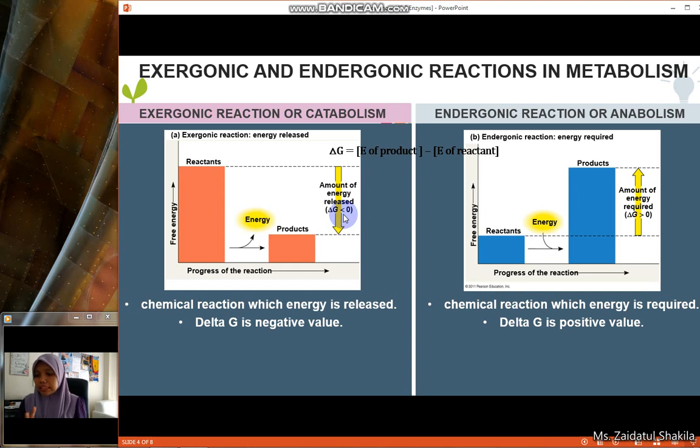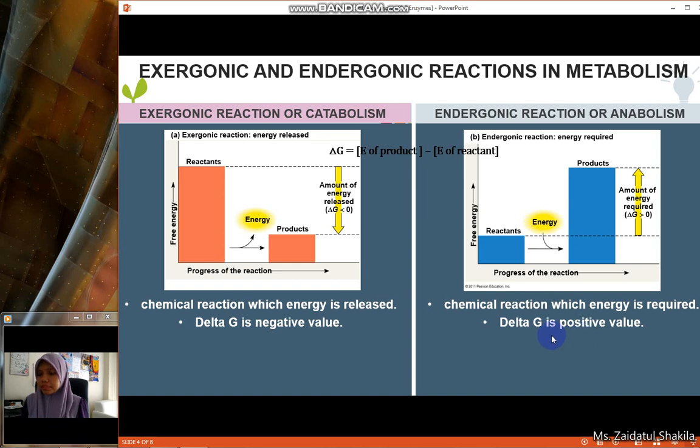While in endergonic reaction, the delta G must be a positive value. So we give a value, energy of product 4 units and energy of reactant 1 unit. So 4 units subtract 1 unit, we get 3, which is positive, and delta G must be more than 0. So this kind of reaction requires energy.